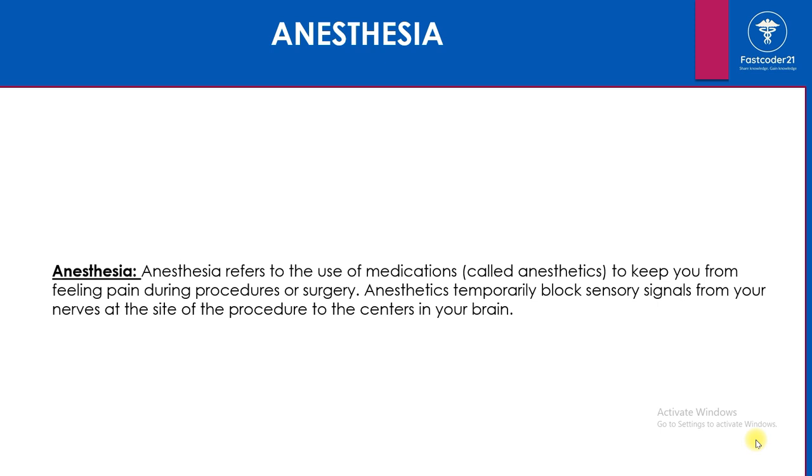Before going to types of anesthesia, we need to understand anesthesia. So what is anesthesia? Anesthesia refers to the use of medications, usually called anesthetics, to keep you from feeling pain during procedures or surgery. These anesthetics temporarily block sensory signals from your nerves at the site of the procedure to the centers in your brain.